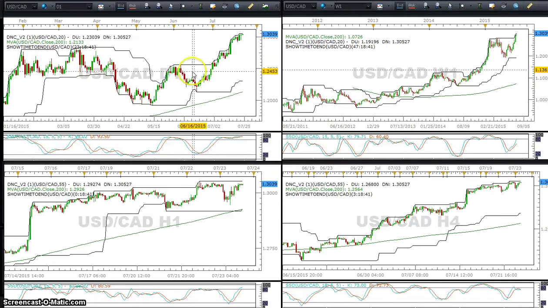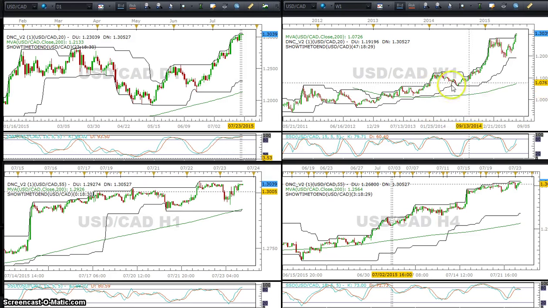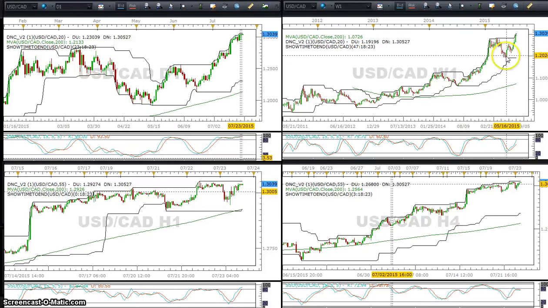And here we have a weekly, a daily, a 4-hour, and a 1-hour chart with the Donchian channels on them and slow stochastics, all my indicators of choice, and a 200 period moving average, the green line. Now we can see here the dollar Canadian has been making higher highs, higher lows, had a nice pullback. I like to see those pullbacks because that sets up another potential entry point.